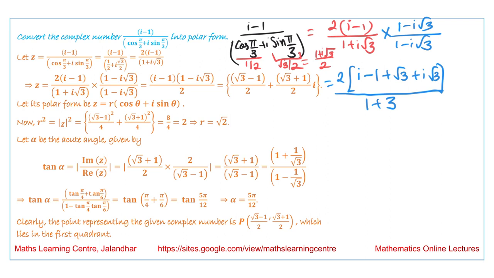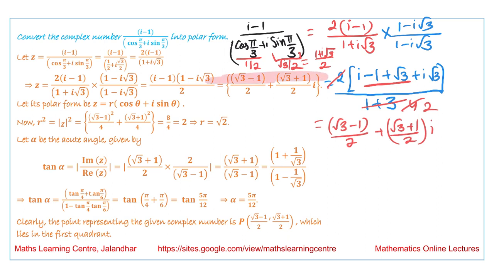This will become 4, this gets cancelled and we are left with 2. So the number we obtain is (root 3 minus 1) by 2 plus (root 3 plus 1) by 2 times iota.